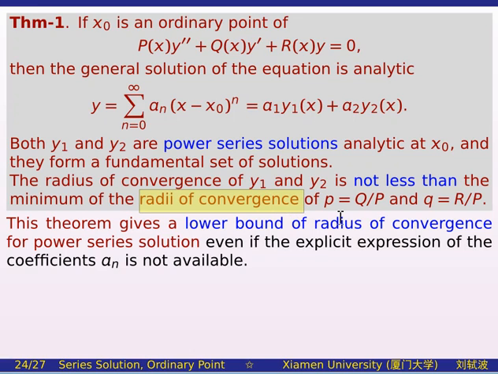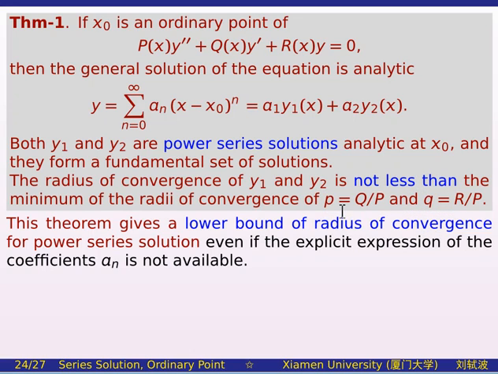Why? Because you need to compute the quotient capital Q over capital P, and then expand this quotient function into a power series, and the coefficients of the power series should be able to be expressed explicitly so that you can determine the radius of convergence for small p and small q.